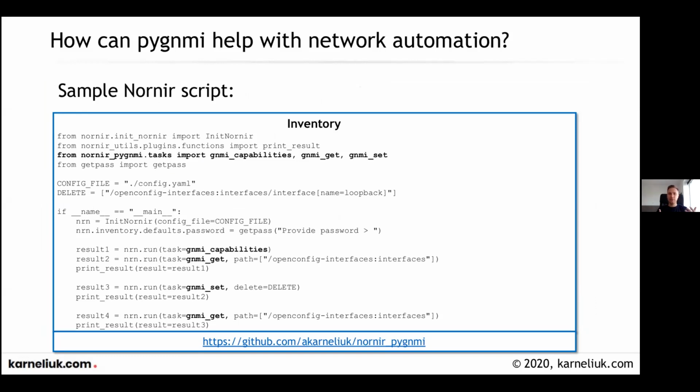To add them to your script, you just install the Nornir-PyGNMI library as you install any other library, as you install Nornir itself. Then you import from the Nornir-PyGNMI tasks module gNMI capabilities, gNMI get, and gNMI set, which are Nornir tasks.